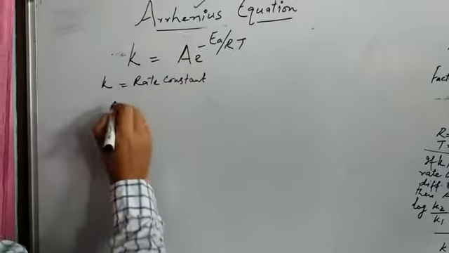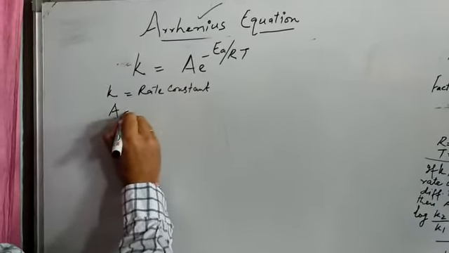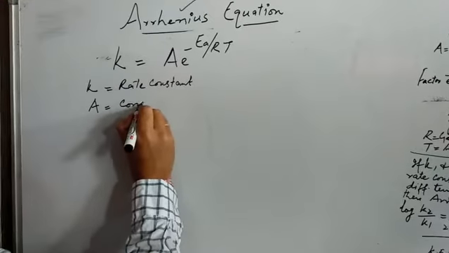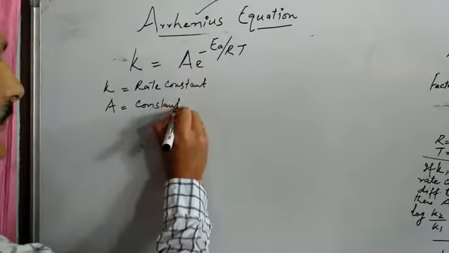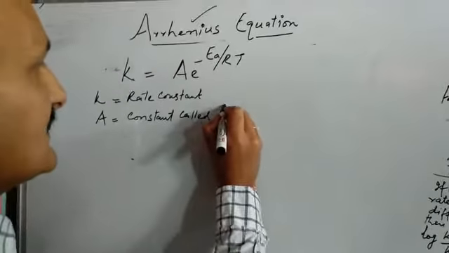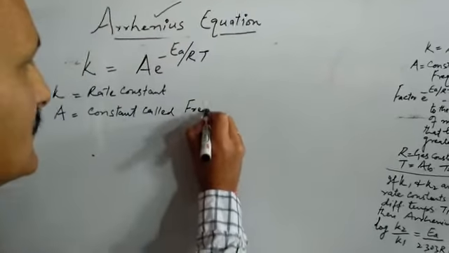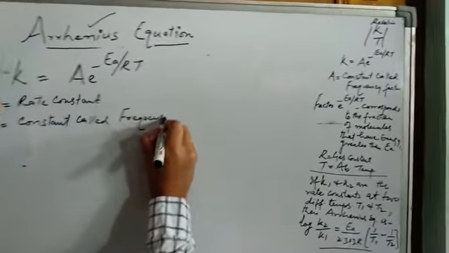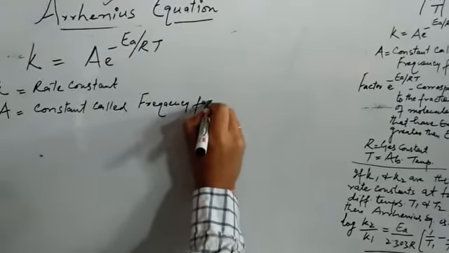Then we have A here. A is again a constant called the frequency factor.